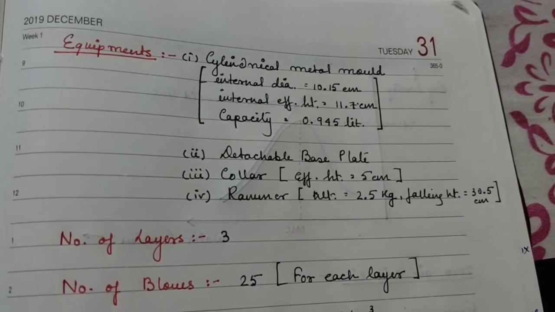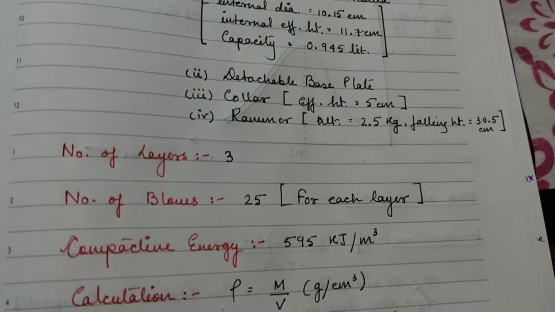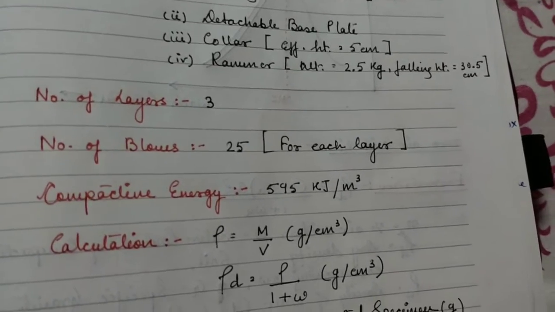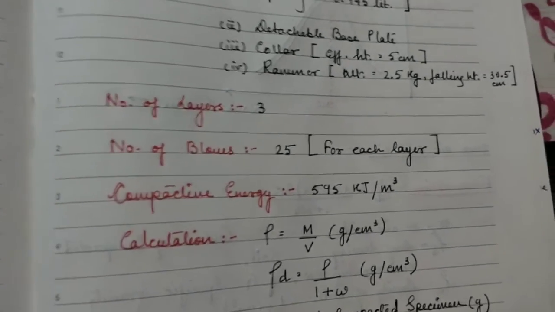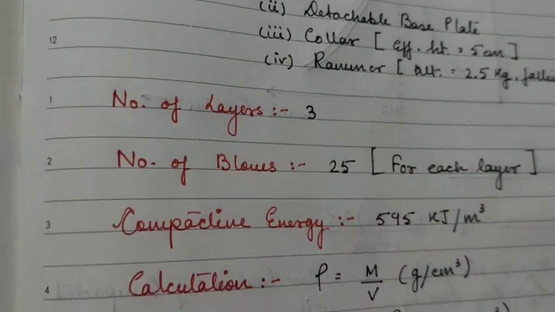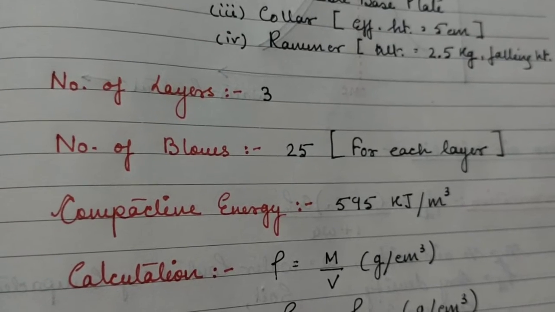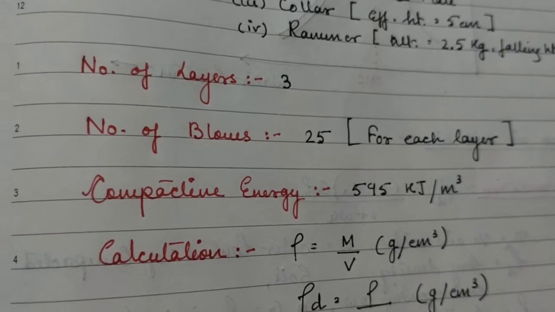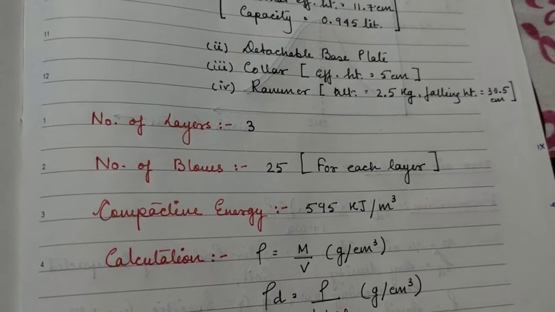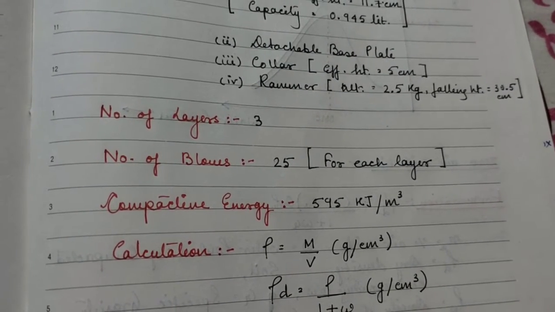The test consists of compacting the soil at various water contents in the mold in 3 equal layers, each layer being given 25 blows with the help of a rammer which is dropped from a height of 30.5 centimeter.